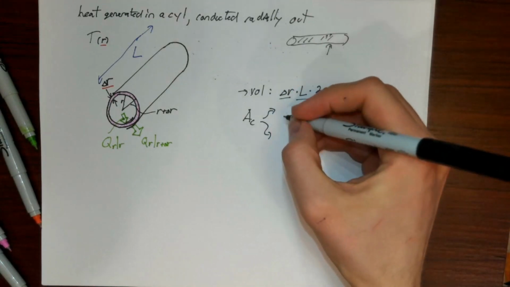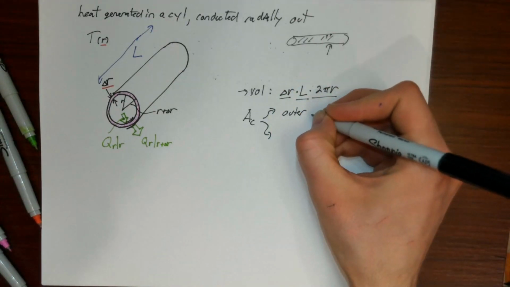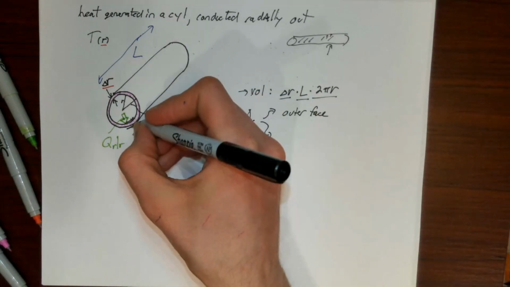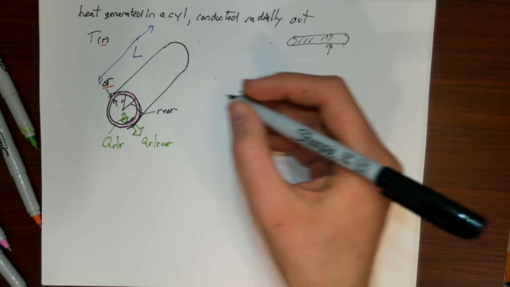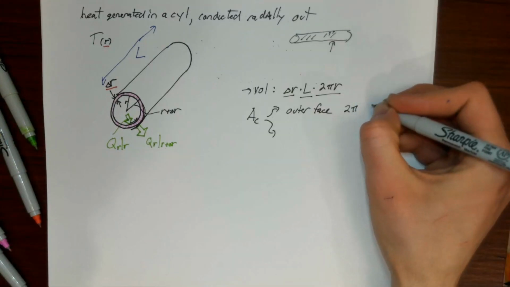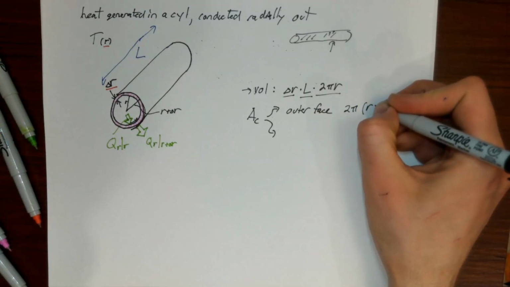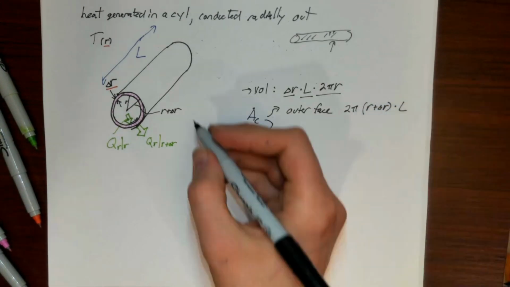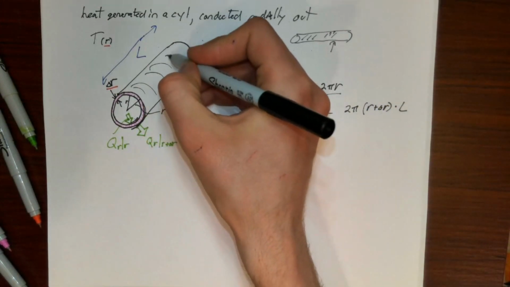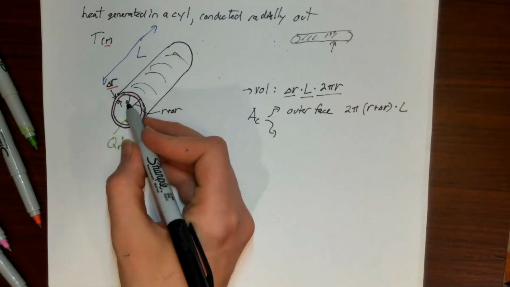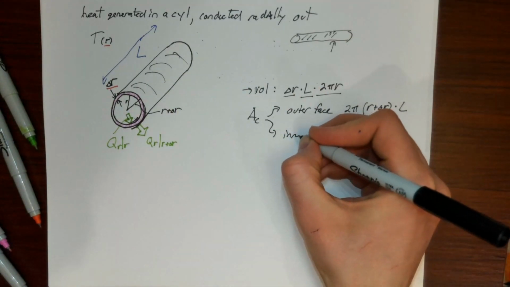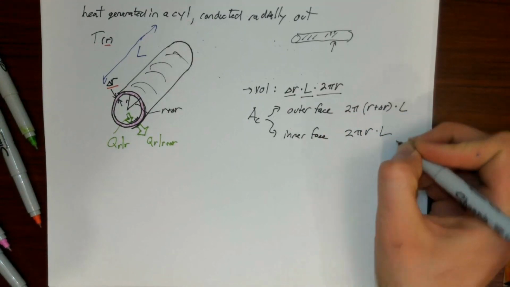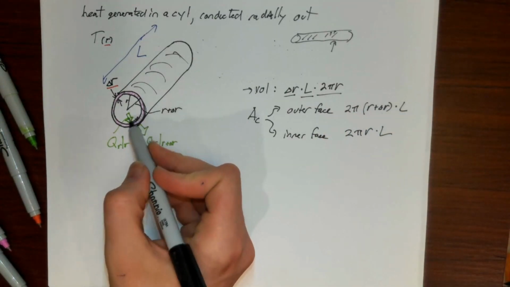The outer face cross-sectional area is 2 pi times the outer circumference, which is r plus delta r, and then that whole thing times L, which is the area of this outer face. The area of the inner face would just be 2 pi r times L, which you would get from unwrapping that inner cylinder.